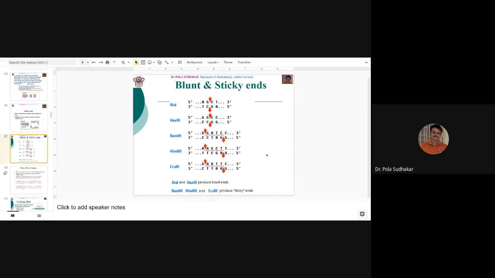They cut at a specific sequence and generate sticky ends. These are helpful in cloning of DNA and construction of vectors. Please note down the slide.